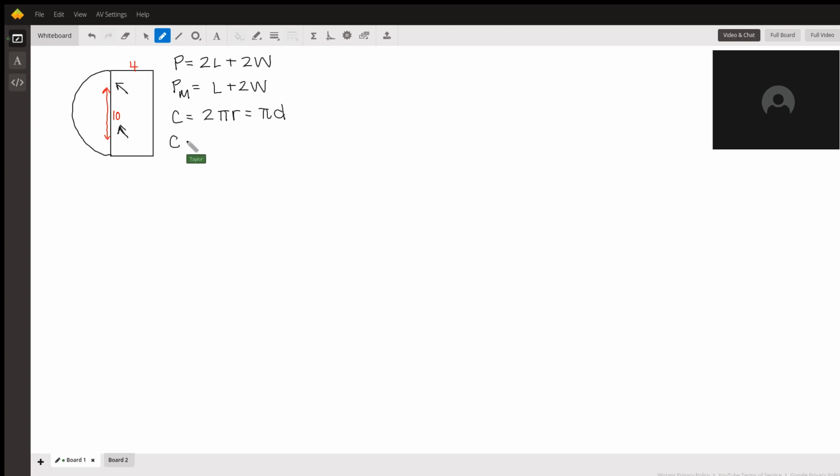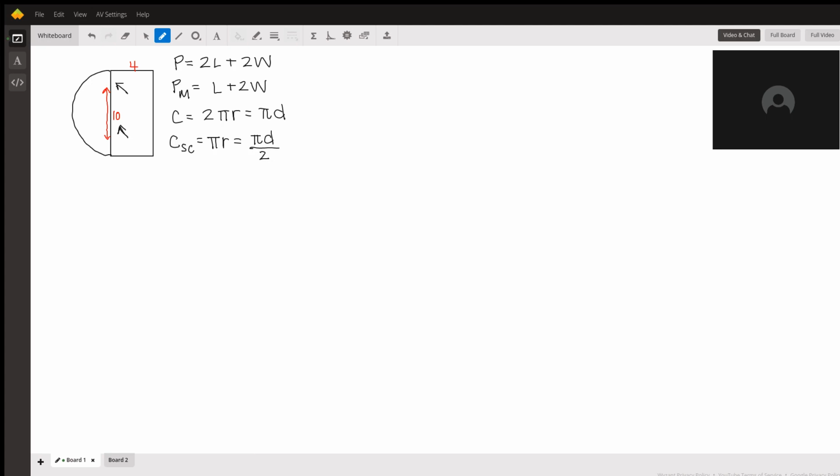But for the circumference of a semicircle, so CSC is going to be 2 pi r divided by 2, which is just pi r, or pi times diameter divided by 2. Okay, perfect. So now that we have those equations for perimeter, let's start with that.